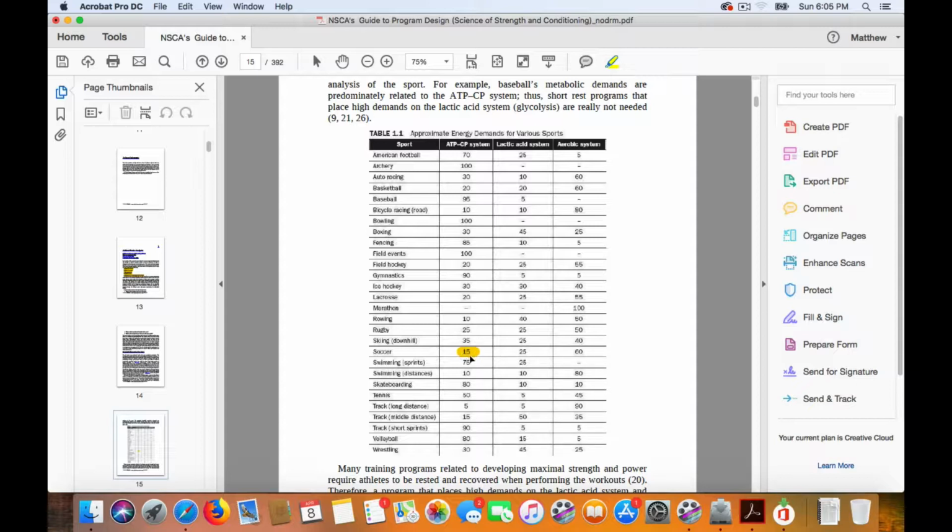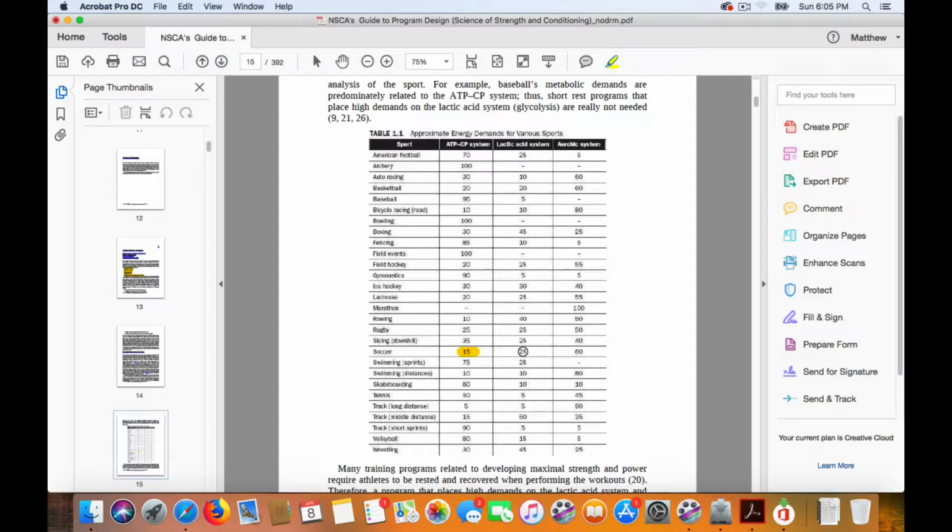You have a fair dynamic of that when they kick the ball, but for the most part, it's pretty heavy over here in the aerobic system, where they are running up and down the field. But then when they switch teams who has the ball, they're going to sprint after that athlete. So that's where the 25% comes in for that lactic acid system.